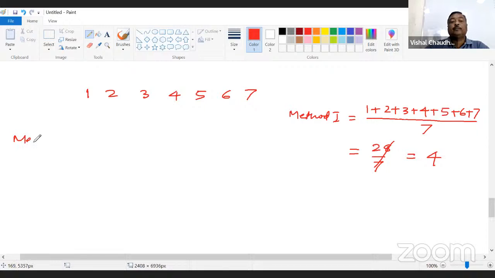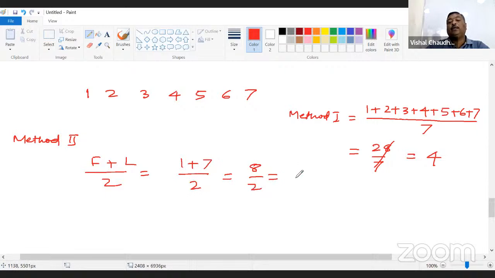Method 2: first plus last by 2. That is 1 plus 7 by 2, that is 8 by 2, and that is 4.